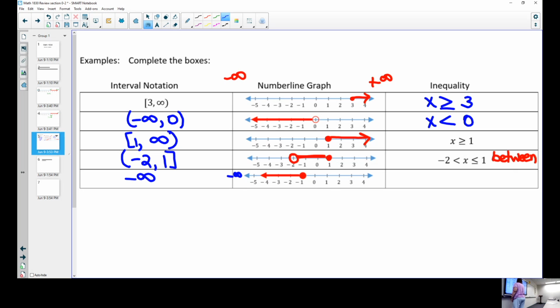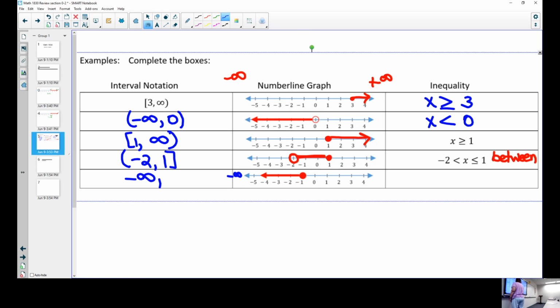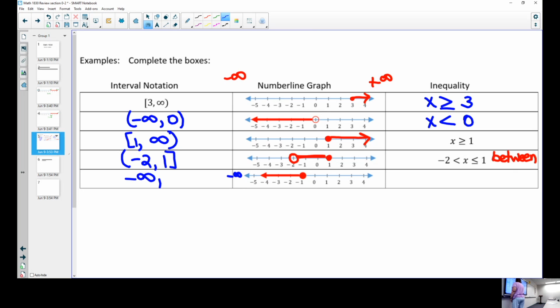And so then it stops at -1 on the other side, which would be -1. The negative infinity always gets the parentheses. The -1 gets a bracket because it is a closed interval. Closed intervals get brackets. Closed intervals also get an equal to.